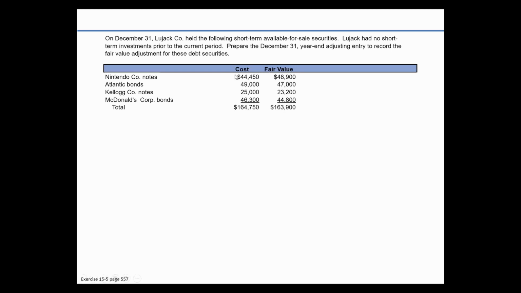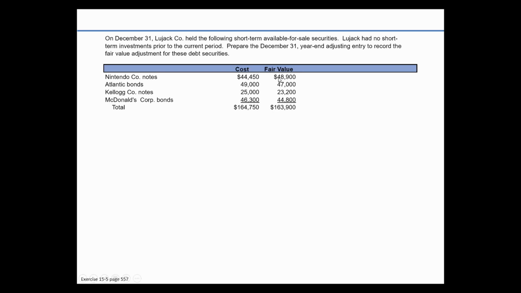So we see here listed out the cost and then the fair market value. So we see that Nintendo Company notes increased in value. Atlantic bonds, we see decreased in value. Kellogg Company notes decreased in value, and McDonald's Corp bonds decreased in value.